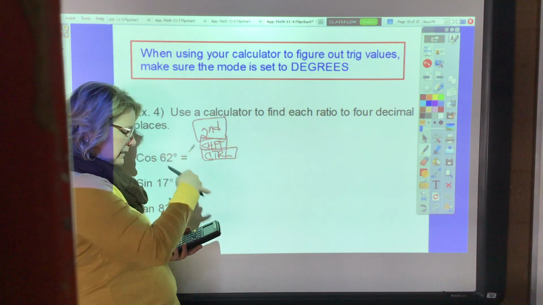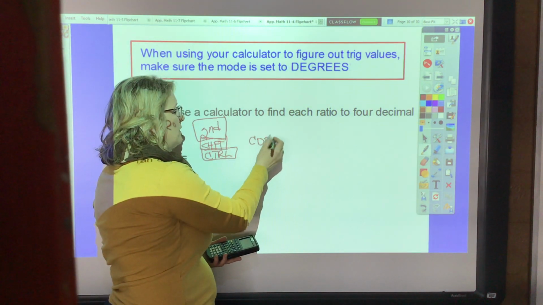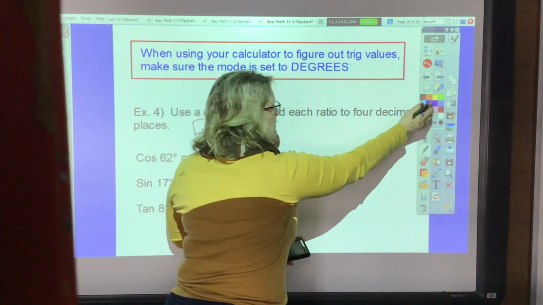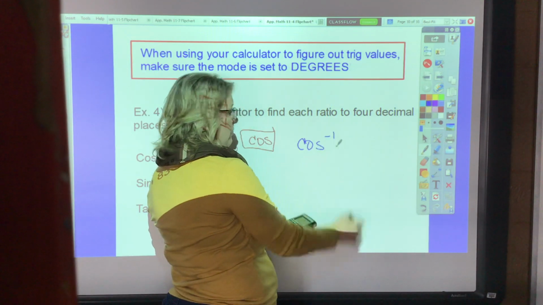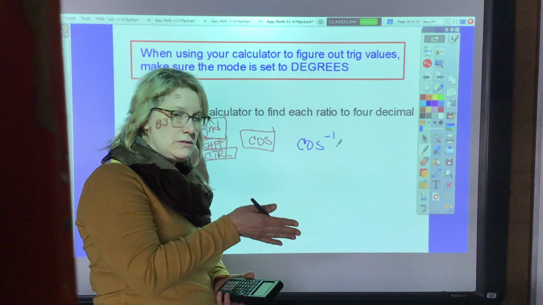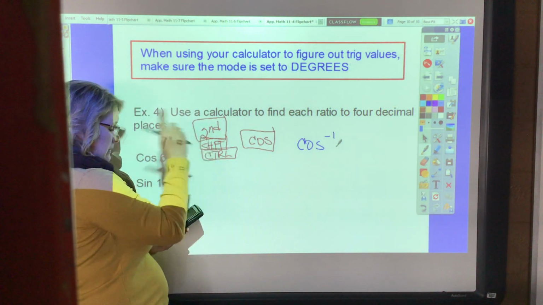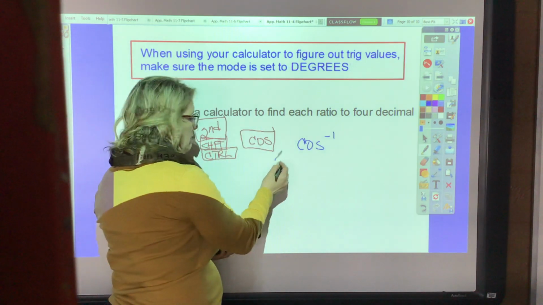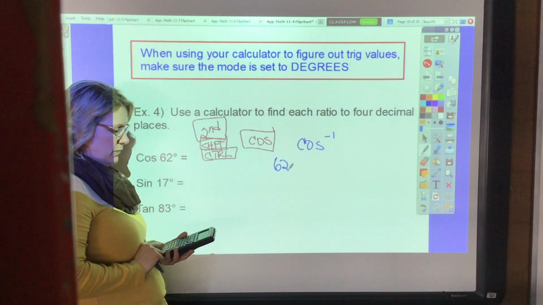I'm going to press second, and since it says cosine, I'm going to press cosine. I'm trying to activate cosine to the -1. What that means is you're going backwards to find the beginning value. So I'm pressing second cosine, and then putting in the angle measure, 62, and pressing enter.